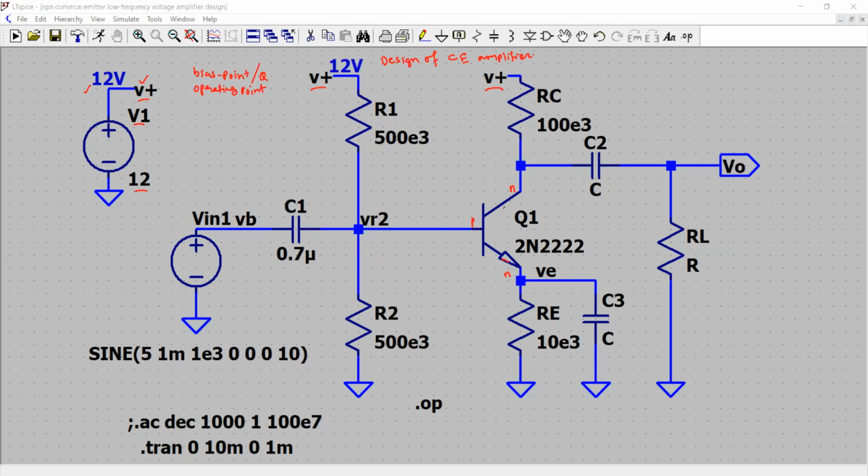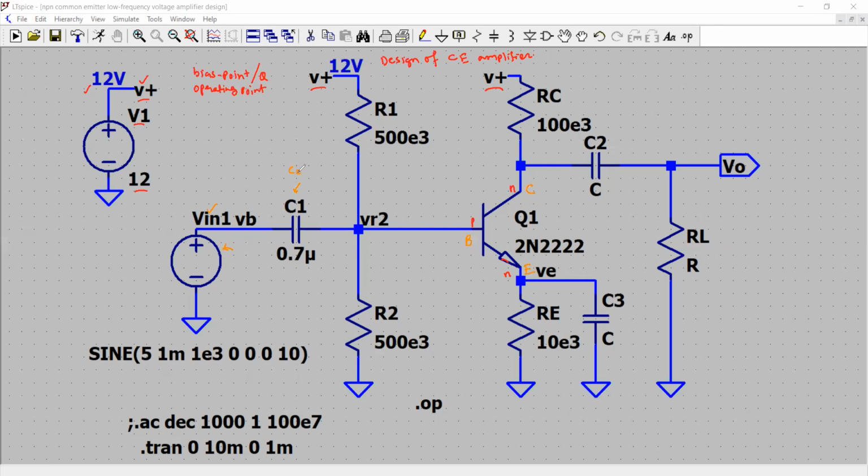So this is an NPN transistor, and let me use a different color to highlight the collector, base, and the emitter of this transistor. Now, to the base, I have applied this input signal, that is Vin1, and this is a coupling capacitor.